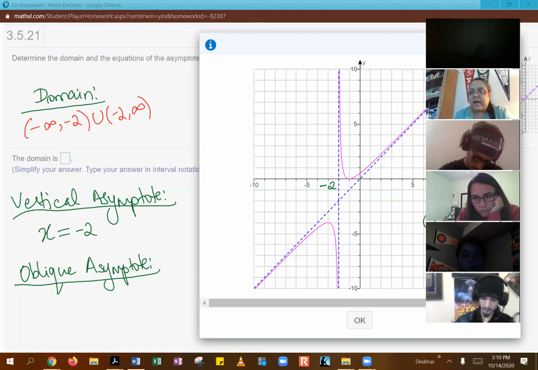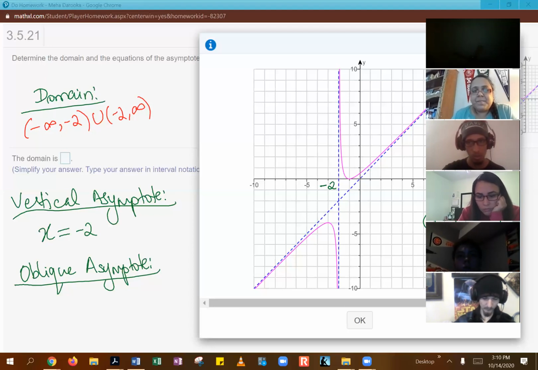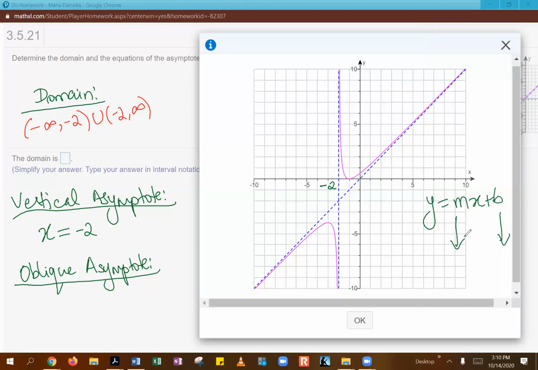So looking at our line over here, what will be our y-intercept, and what do you think the slope of this line is going to be? So just look at that dotted line for the oblique asymptote and see where it is crossing the y-axis, and try and calculate that slope.